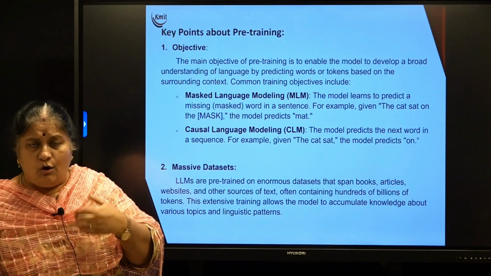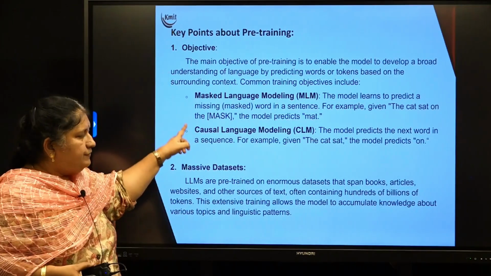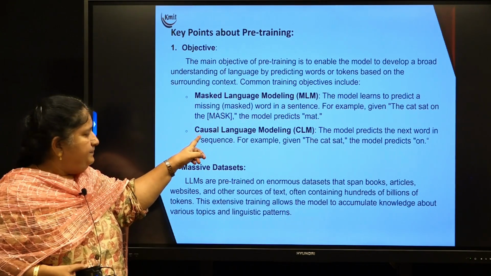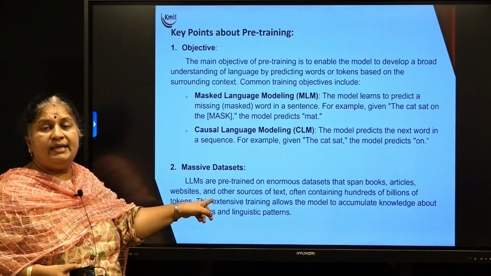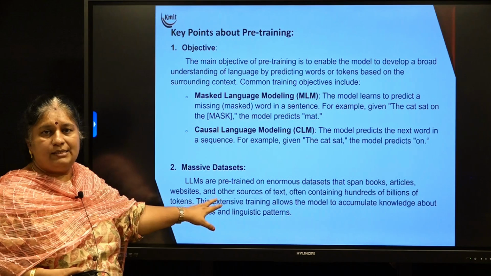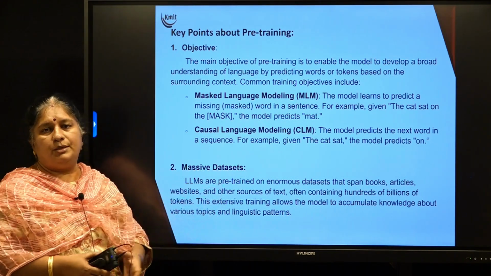So, what is my objective? What is my goal of pre-training? I should have understanding of context and predict the next level, and I should be having extensive knowledge. When can I do these two tasks? When I have extensive knowledge. How do I get my extensive knowledge? When I work with huge amounts of data set.